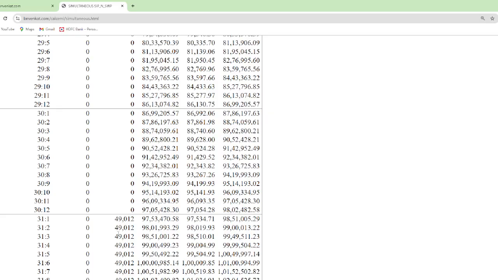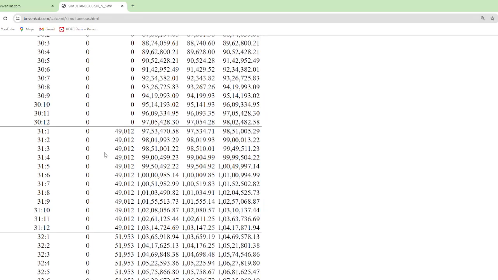Then from the 31st year onwards, that is, after 30 years from the start, one can start withdrawing by a 0.5% rule.